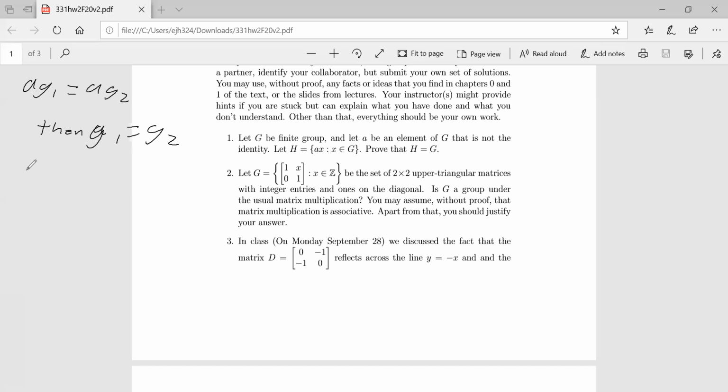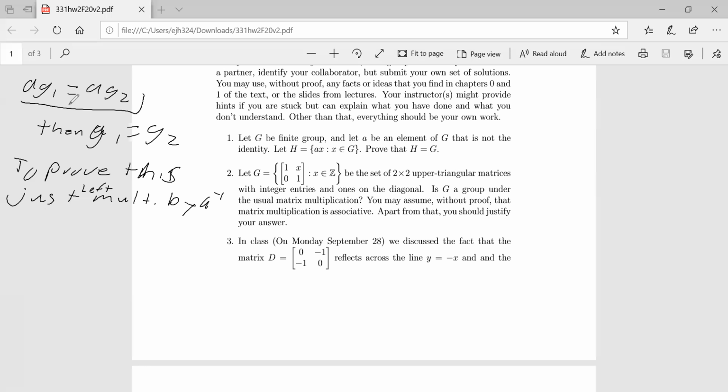So to prove this, left multiply by A inverse. So then what does that tell me?